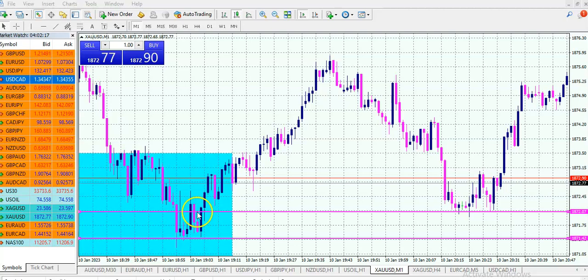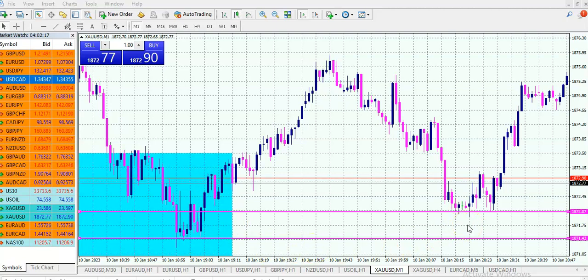We said that the proximal line is going to be our entry, and the distal, the one at the bottom here, is going to be our stop loss. And of course it's a buy, because this particular place happens to be a demand area, and we got our confirmation in that particular place.